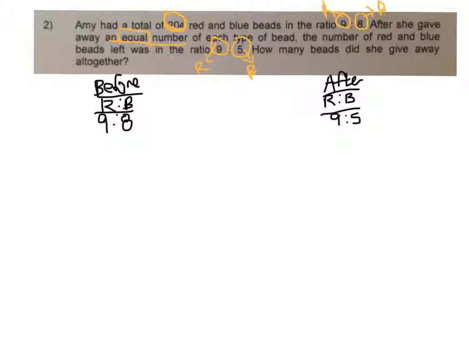Well, as I was saying about the fact that an equal number of each type of beads were given away, the difference should be the same. So now we are going to find the difference for before scenario, and we're going to find the difference for after scenario. Now children, please take note that you must write the title.